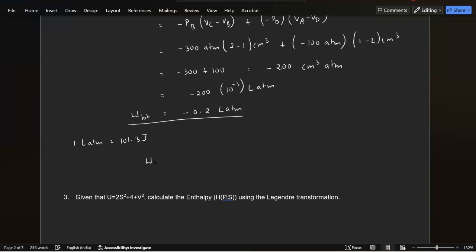Therefore, total work done, just multiply that. How much is it?